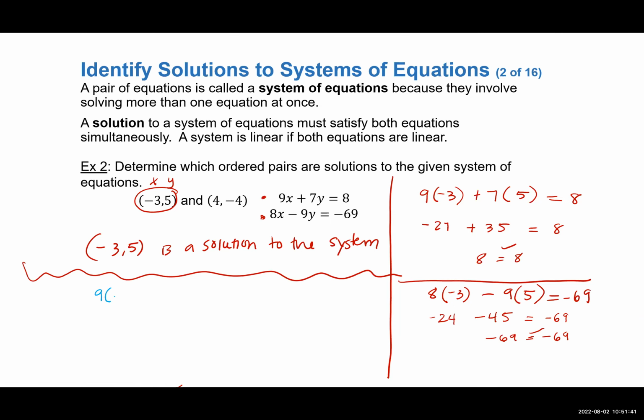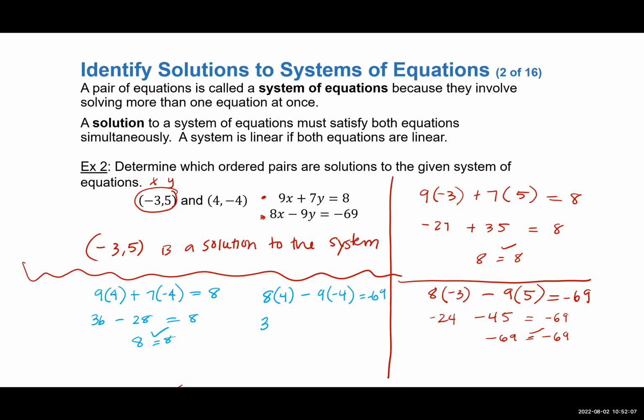So for the second one, you put in 4 for X, 7 times -4, and so we get 36 minus 28. That's 8. That works. And then we say 8 times 4 minus 9 times -4 equals -69.